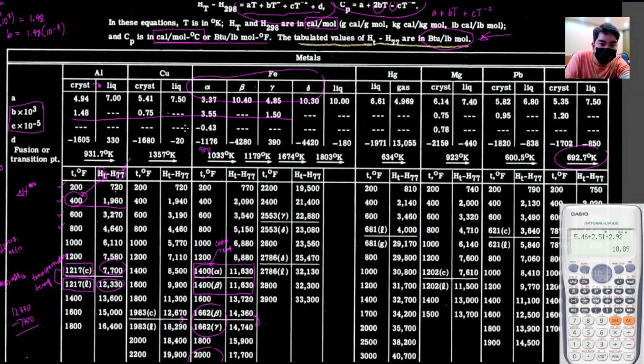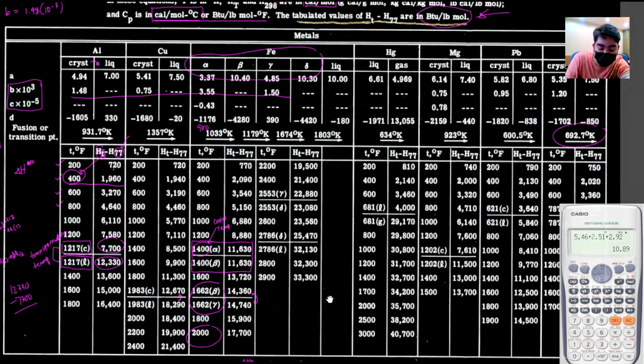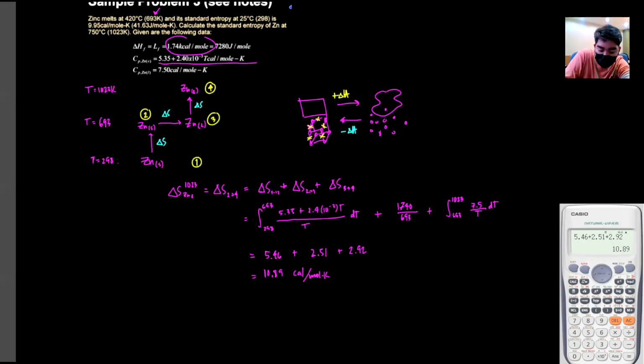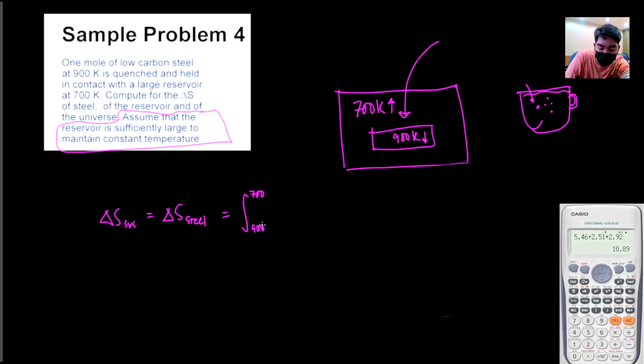Kung meron kang tinatawid na transformation, then you have to take into account that transformation, so may additional step ka pa. Pero in this particular case, wala naman. Therefore, automatic sensible heat lang yung association natin. Okay? So 900 to 700, we would expect na negative yung magiging result nito because we're lowering the temperature.